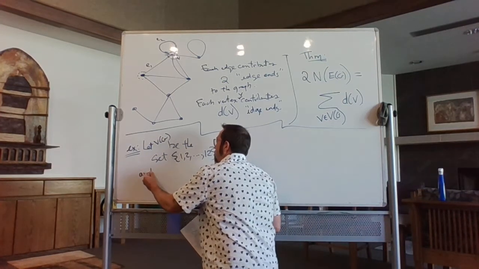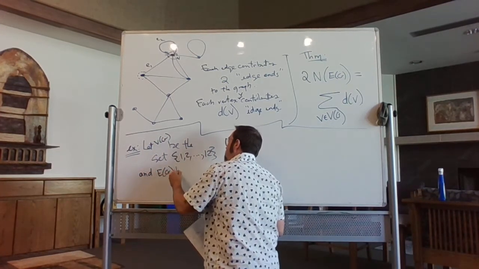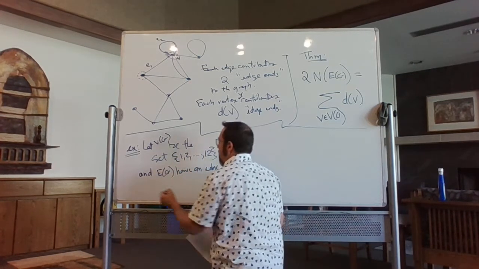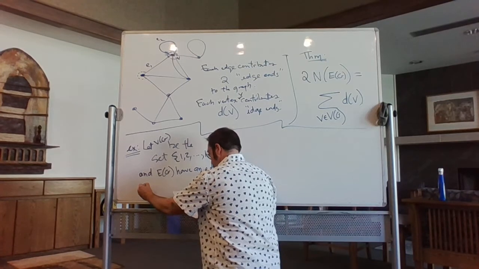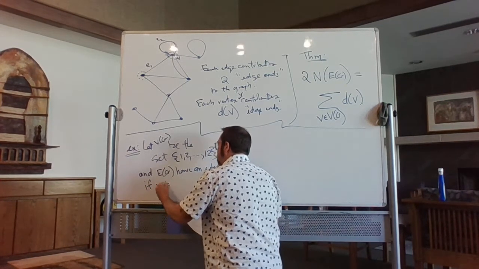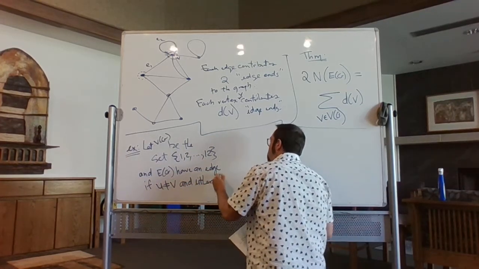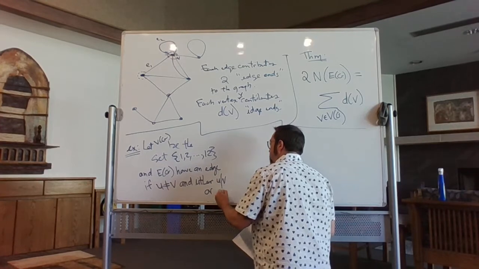And E of G have an edge if U does not equal V and either U divides V or V divides U.